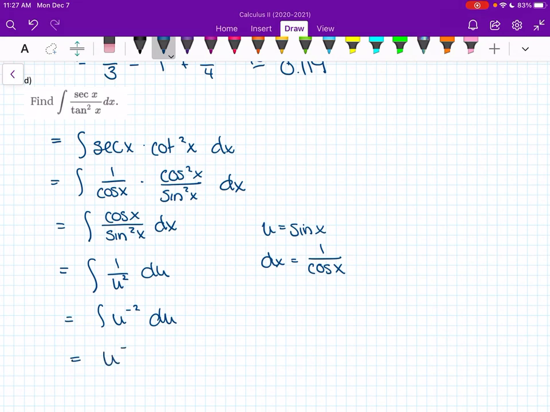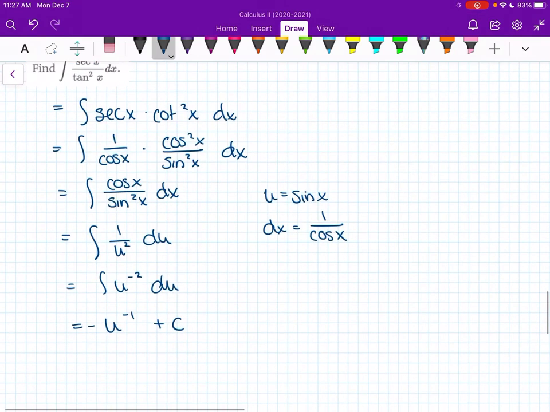So add 1 to my exponent, divide by my new exponent. I have −u⁻¹ + c. And go ahead and factor in my substitution of sine. So sin⁻¹ is the same thing as cosecant. So I have −csc x + c.